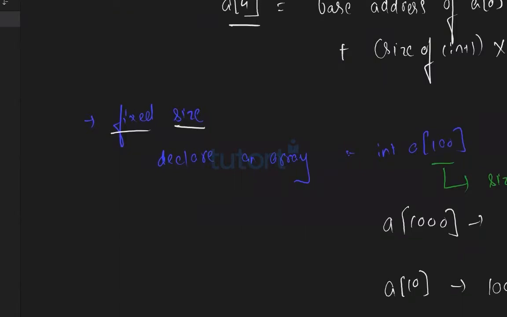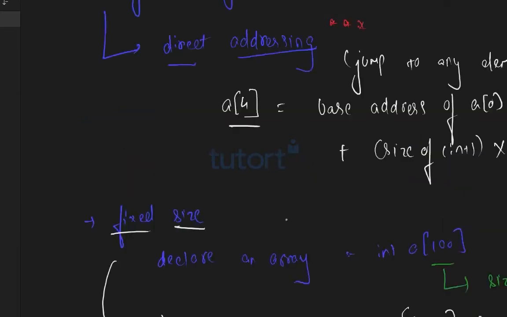Both are wrong. So this fixed size makes the array difficult to scale. Scale means difficult to grow as the input size grows. Okay, so this is the issue with the array.